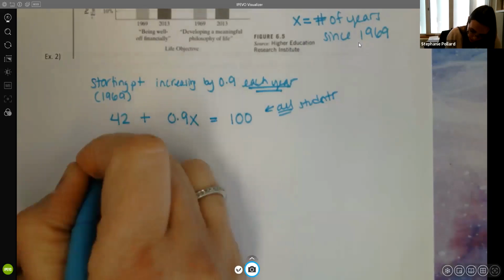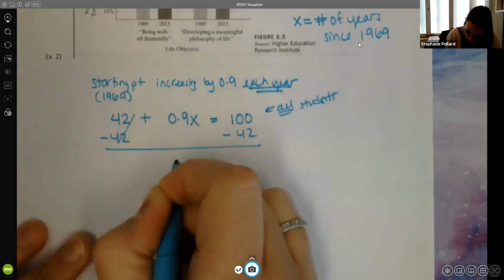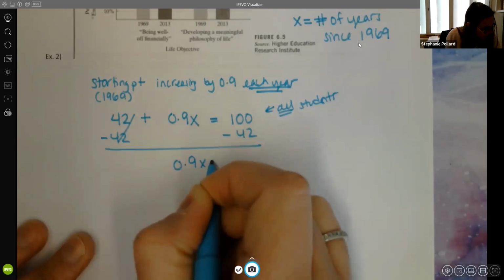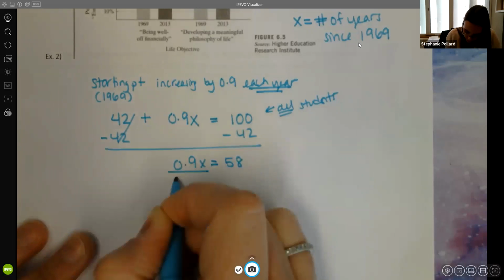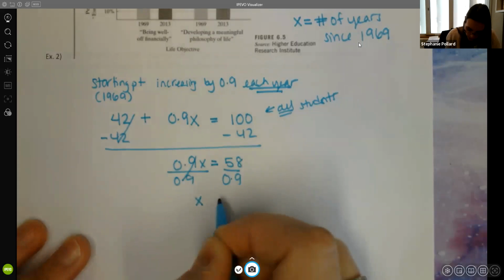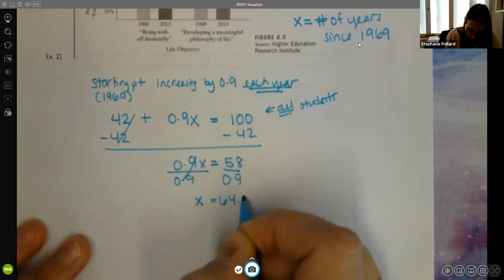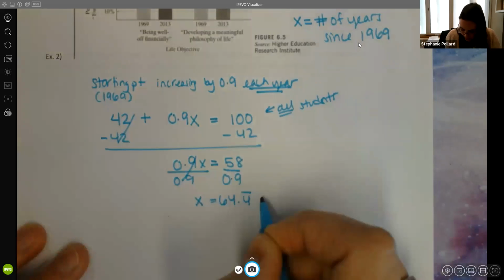So I'm going to start by subtracting 42 from both sides. And I have 58. I'm going to divide by 0.9 on both sides. And you definitely want to take out your calculator here. And what you get is 64.4, and that 4 is going to be repeated. So rounding to the nearest year, it's about 64.